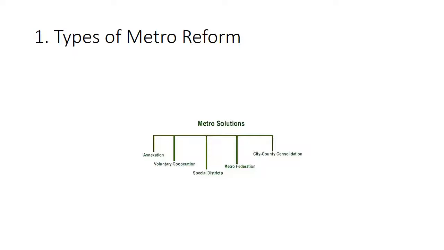That's what annexation is. So you may have an area outside of the city limits of, say, Joliet or Lockport or someplace like that, and currently that area is in the county, not in the city.